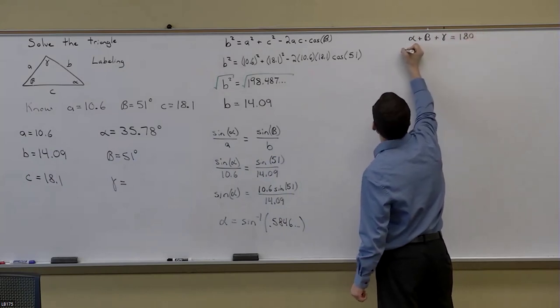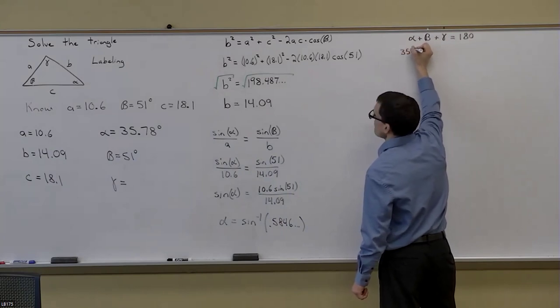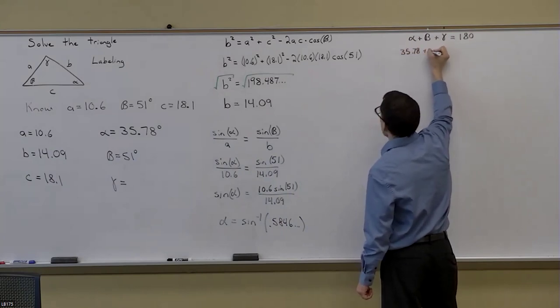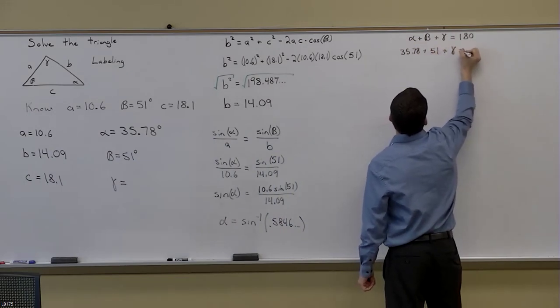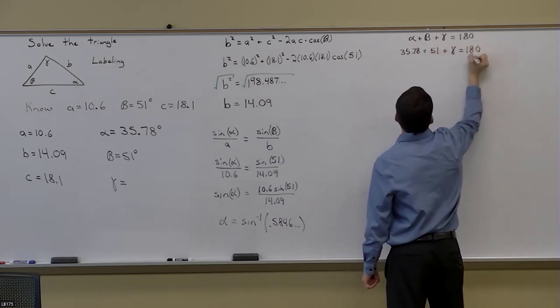I know alpha is 35.78. I know beta is 51. Let's find gamma.